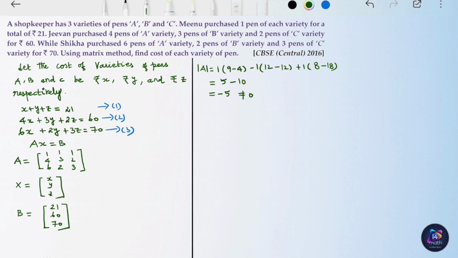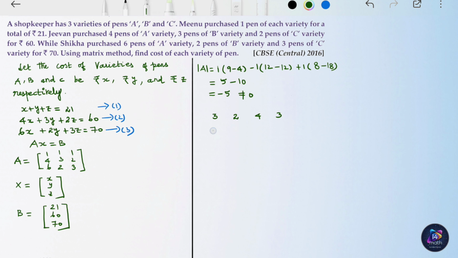Next, let us find the adjoint of A by using the shortcut method. Now consider this matrix. Start with the center row, center element. First 3, and then 2, and then 4, and then 3. Now go to the next row.